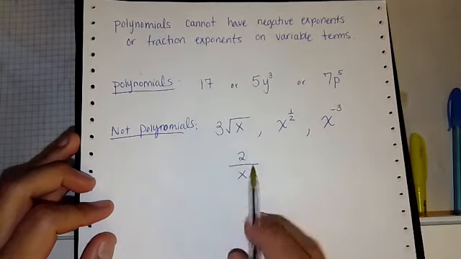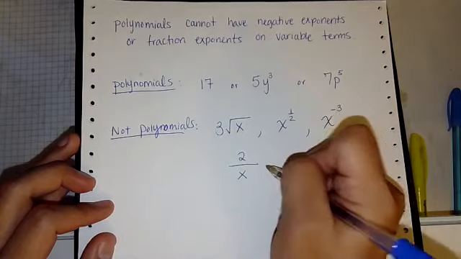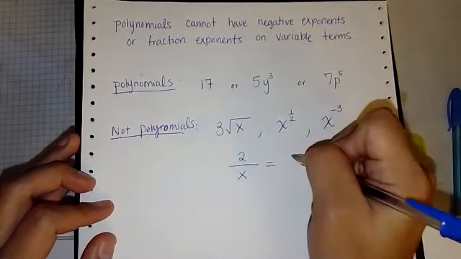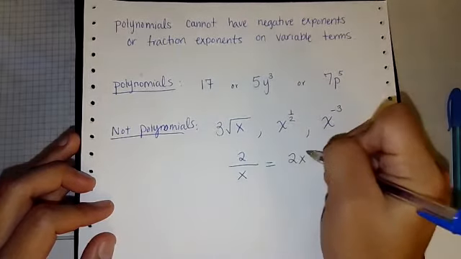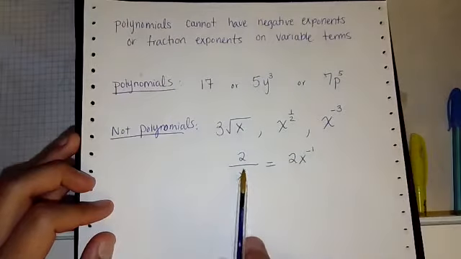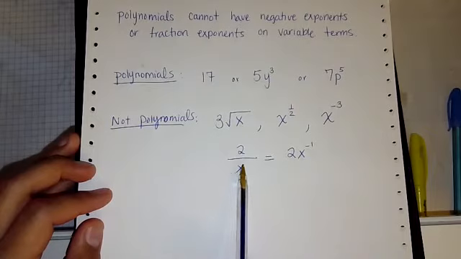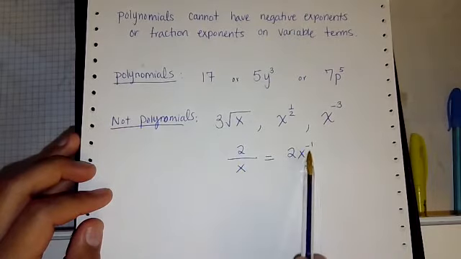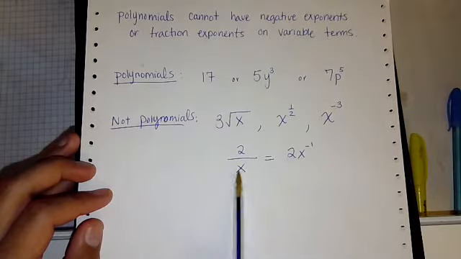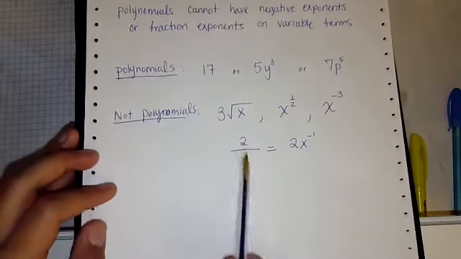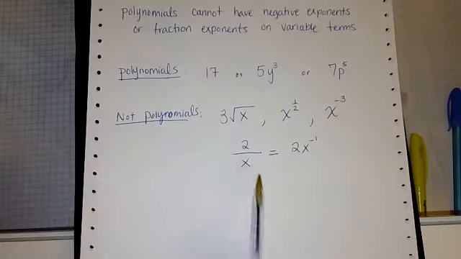Because remember, based on our negative exponent rule, this would be the same thing as 2 times x to the -1. So sort of hidden in plain sight, this expression, if we use our negative exponent rule, is the same as 2x to the -1. So this cannot be a polynomial. So you can't have variables in the bottom either.